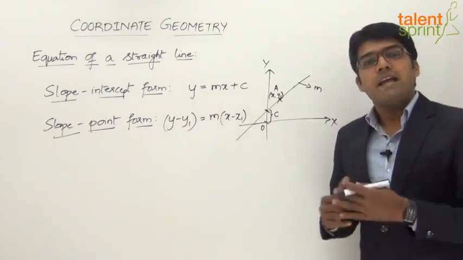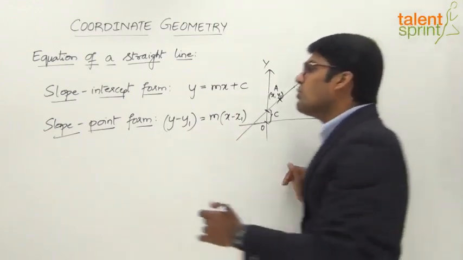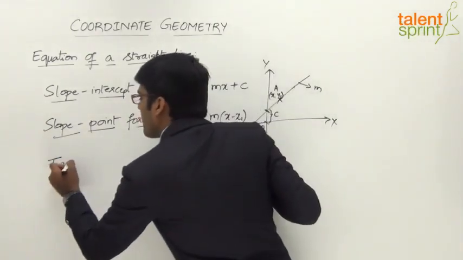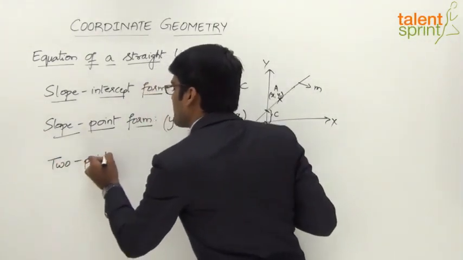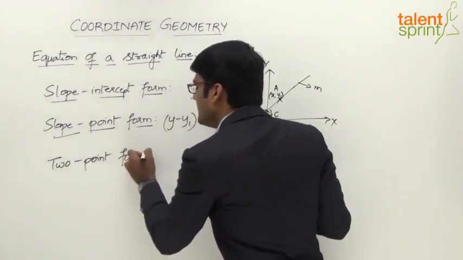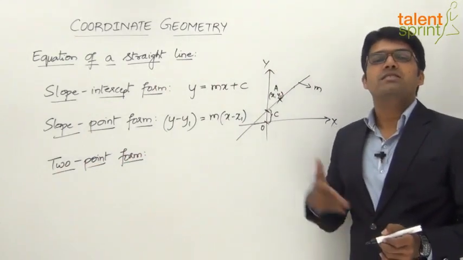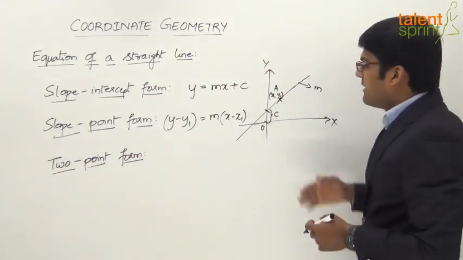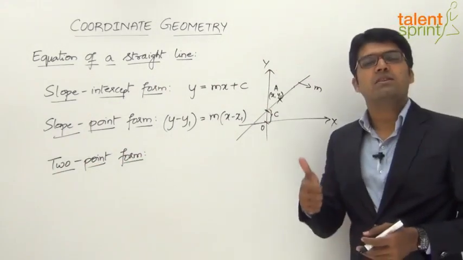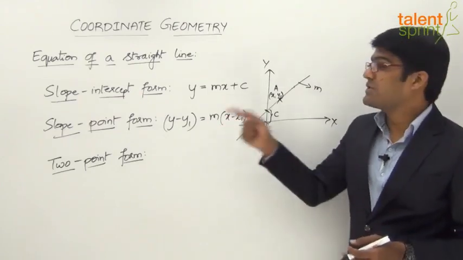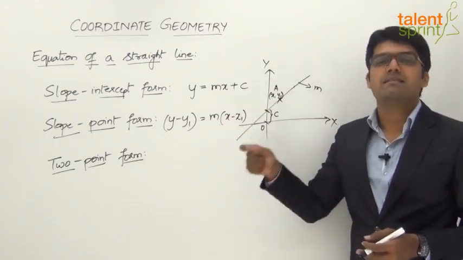Alright? Let us now take the next form, which is the two-point form. So as the name says, instead of giving the slope, we are given 2 points through which the line passes. Earlier in the slope-intercept form, we were given the slope and the y-intercept. In slope point form, the slope and a single point.